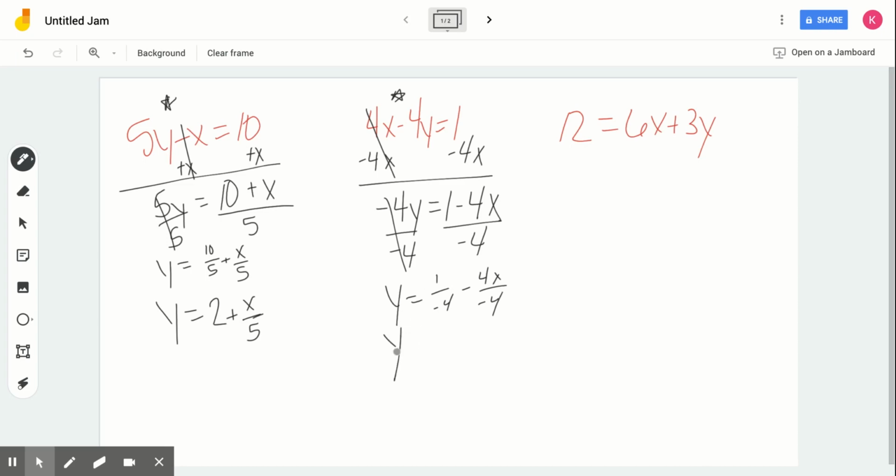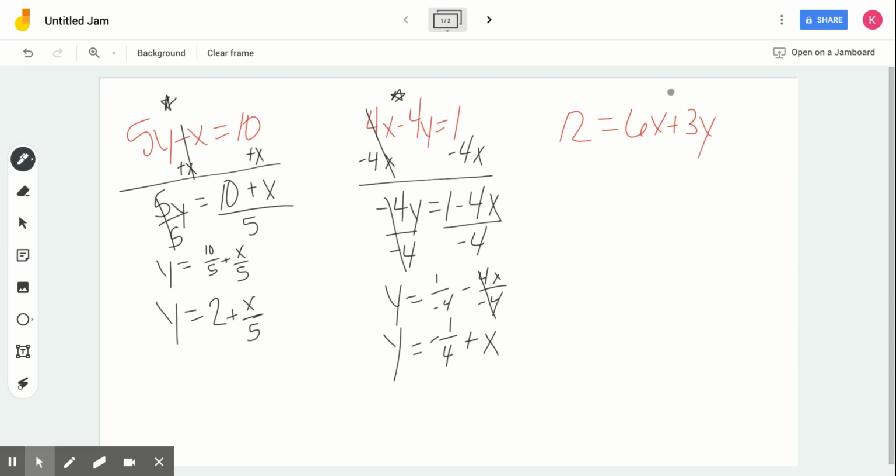So here when we simplify, y would be equal to negative 1/4. Dividing two negatives will give you a positive. 4 divided by 4 will cancel, and we're left with x. So y would equal negative 1/4 plus x. Here again, we have the y by itself, so we know that we're finished.